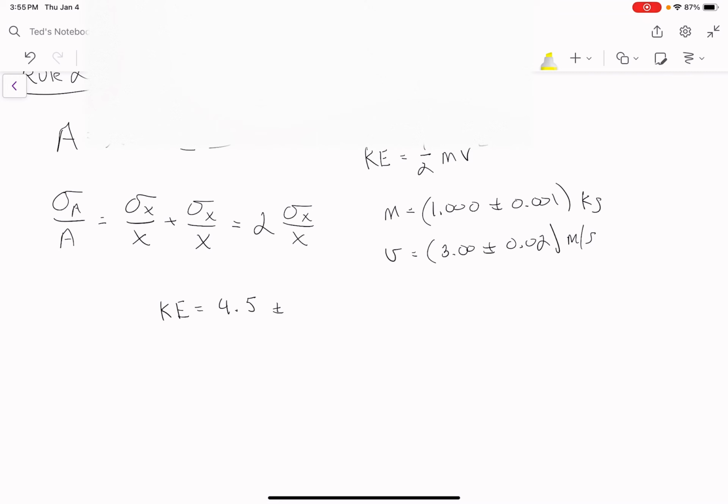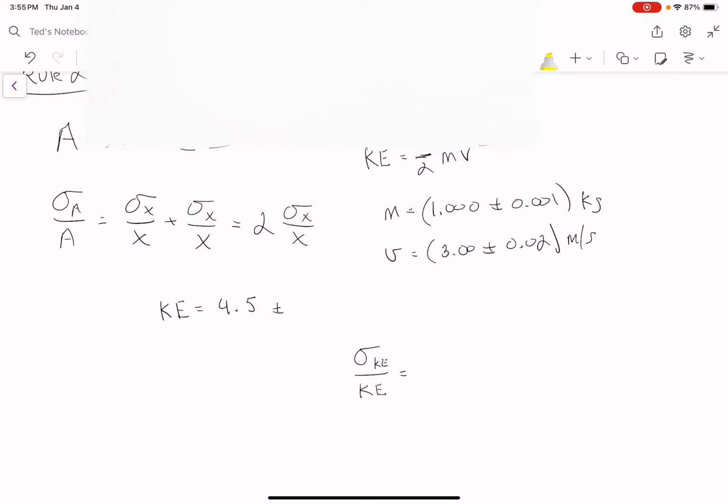So I'm going to use my rule. The uncertainty in kinetic energy divided by the kinetic energy is equal to, and now I have 3 things, well, really 4 things, that I'm multiplying together. I'm doing the velocity twice, so it counts twice.